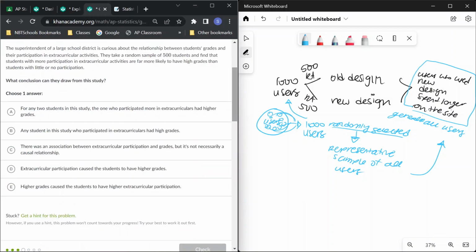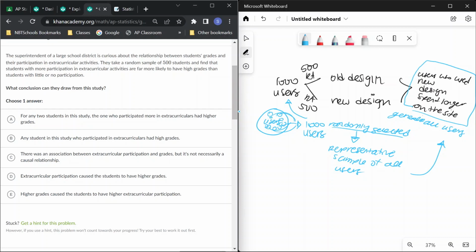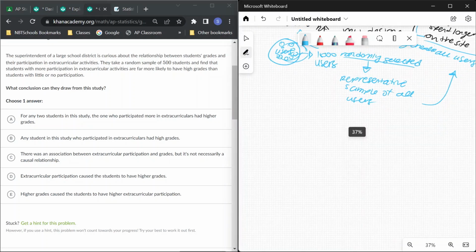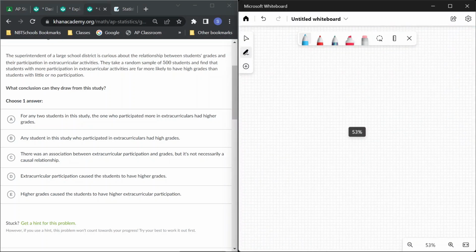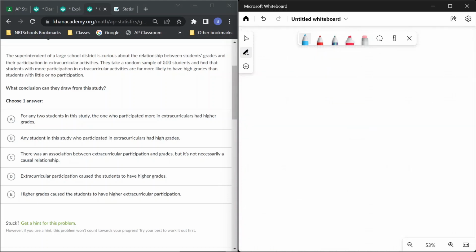The superintendent of a large school district is curious about the relationship between students' grades and their participation in extracurricular activities. Really? Relationship between students' grades and clubs. They take a random sample of 500.